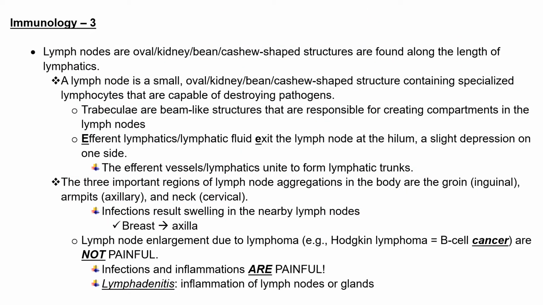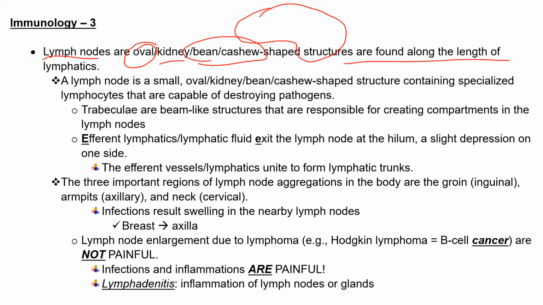All right, let's talk about lymph nodes. Lymph nodes have various shapes. Sometimes they look a little bit oval, but otherwise they look like kidneys, like beans, like cashew-shaped structures. And these are stations found along the length of the lymphatic vessels.